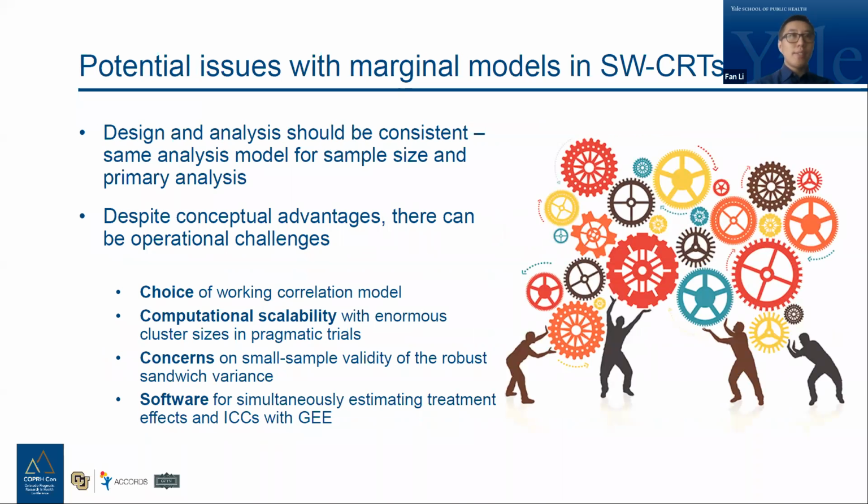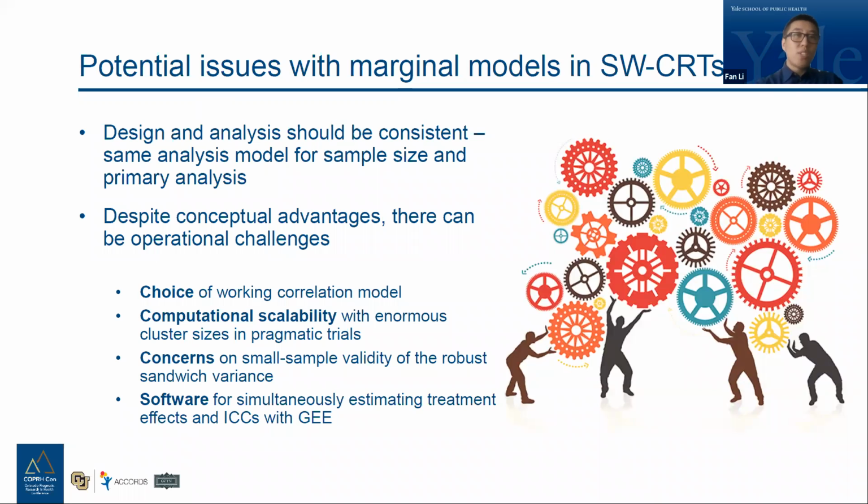While there are many conceptual advantages of carrying out design and analysis procedures based on marginal models in stepped wedge cluster randomized trials, there may also be operational challenges in applying these models, including the choice of the working correlation model, which is an essential decision to make in the analysis stage, and the computational scalability with enormous cluster sizes in pragmatic trials, which may be a concern in cross-sectional sampling.